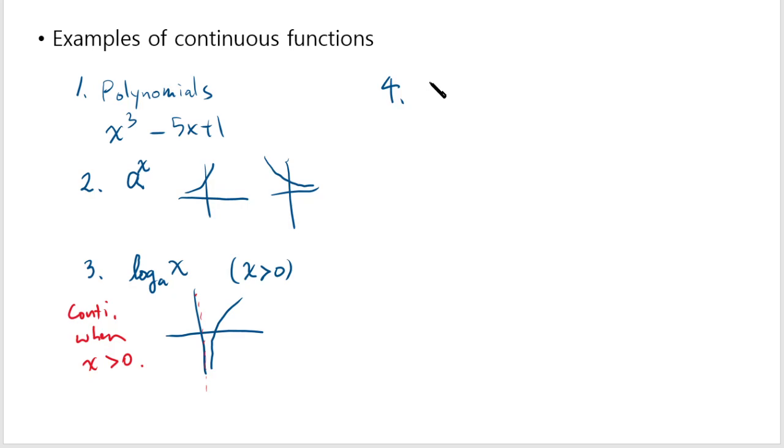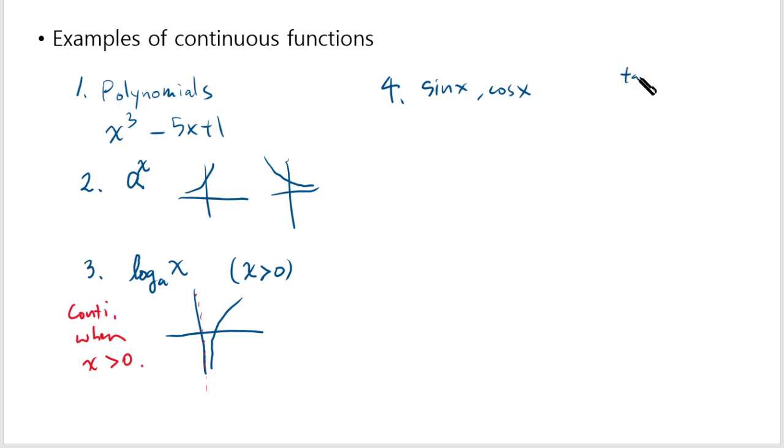There's sine x and cosine x. Well, in applied calculus, we don't care about these functions that much, but I just want to throw it out there that sine x and cosine x are continuous. And then, well, you have to be careful. Tangent, secant, these functions are not continuous because those have vertical asymptotes.